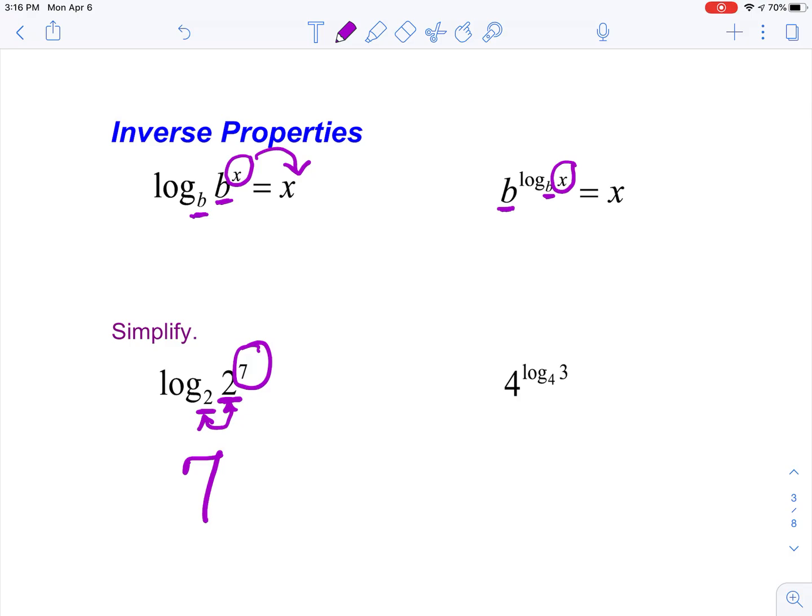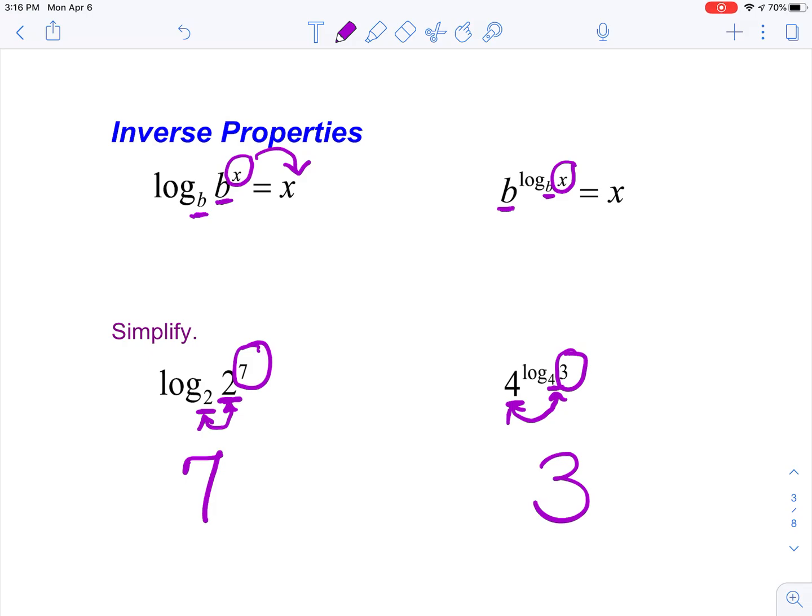Okay, our next example goes with our second inverse property. If the base of the exponential and the log base are both 3, if these bases are the same, your answer turns out to be 3. How do we do with that?